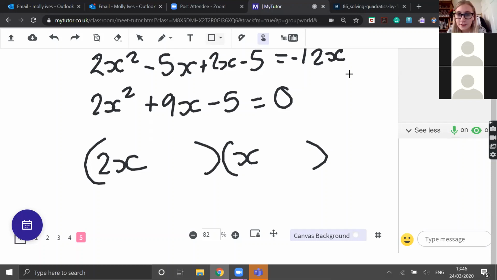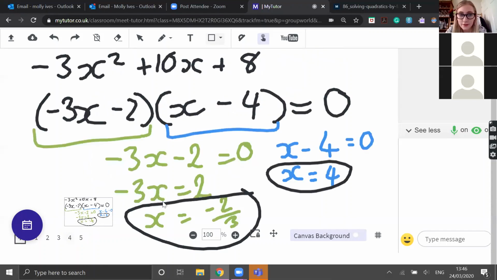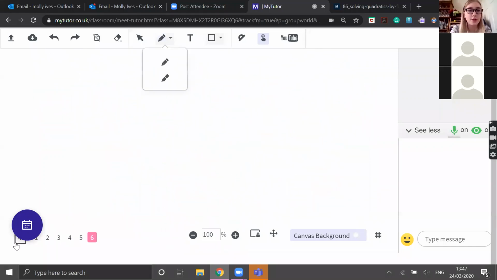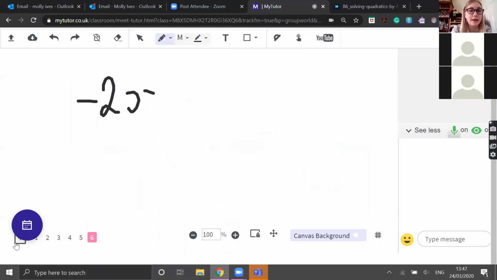Yes. So for the previous question, where it's minus 3x equals 2, when you do x equals minus 2 over 3, wouldn't that be positive because the sign changes on the other side? So minus 3x equals 2. I'm just going to put this on a new tab to show you.